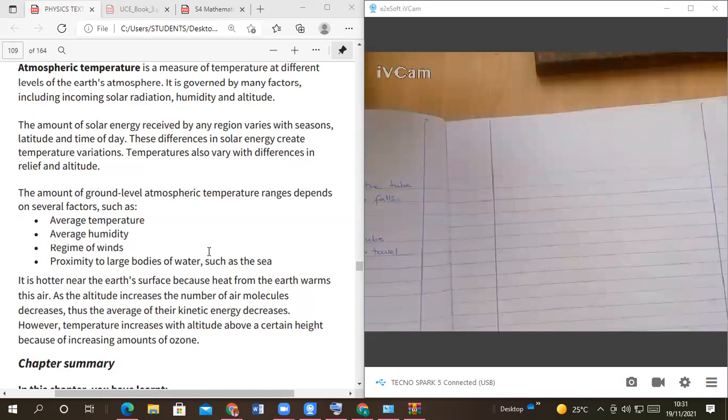And also I talked about the humidity, that during night hours or morning hours, the humidity is high, and that's the reason why the temperature falls during the morning or night hours. This also contributes to the production of fog or mist in the atmosphere.